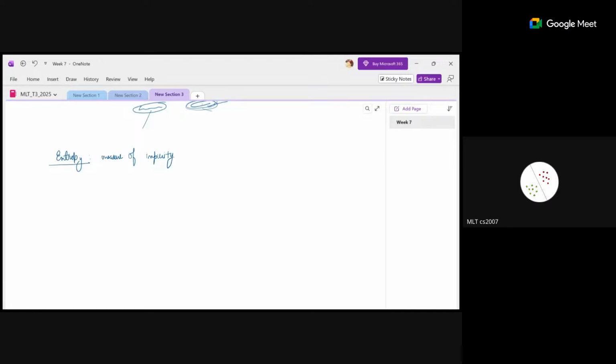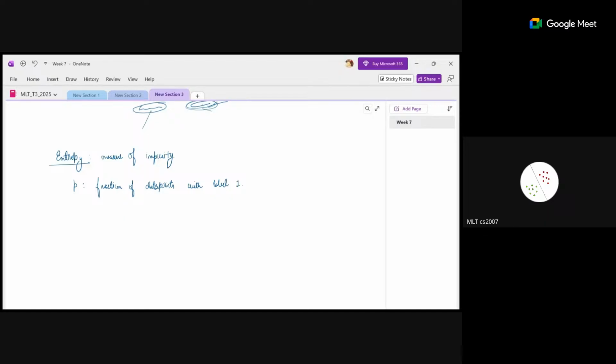Okay. So let's say P denotes a fraction of data points with label 1.